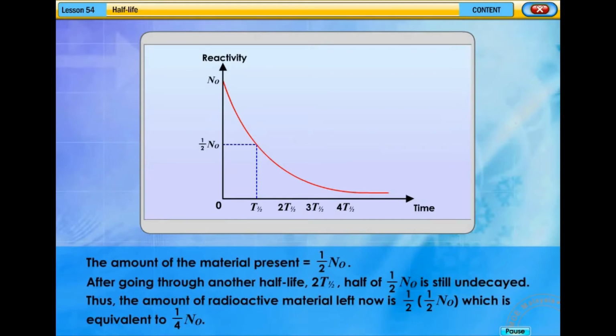The amount of the material present is half N0. After going through another half-life, half of that is still undecayed. Thus, the amount of radioactive material left now is half of half of N0, which is equivalent to a quarter of N0.